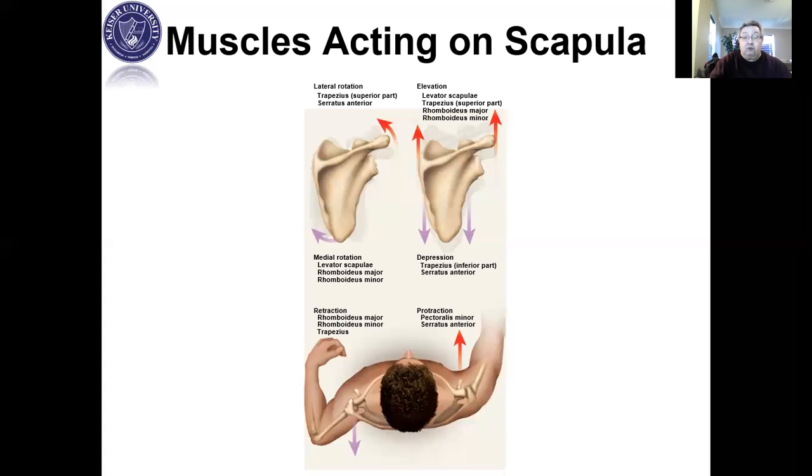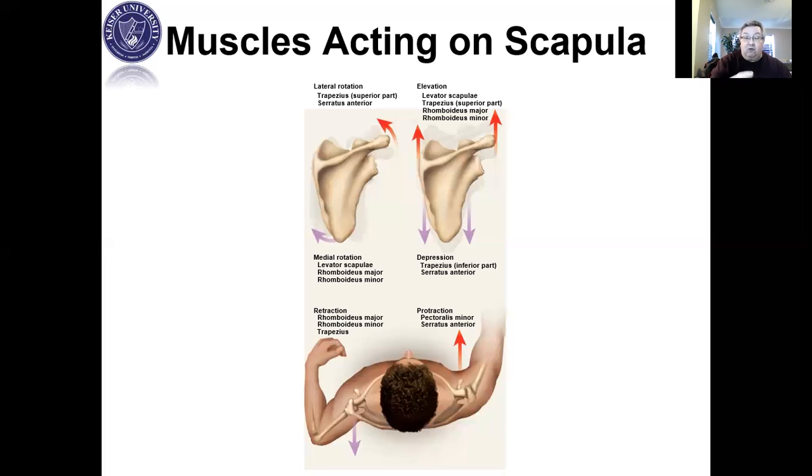The other movements that the scapula does are protraction and retraction. So protraction, as you can see by the red arrow, is the bringing forward of the arm, where the scapula comes forward. And the two muscles that perform that major action are pectoralis minor and the serratus anterior, like I said a little bit earlier.